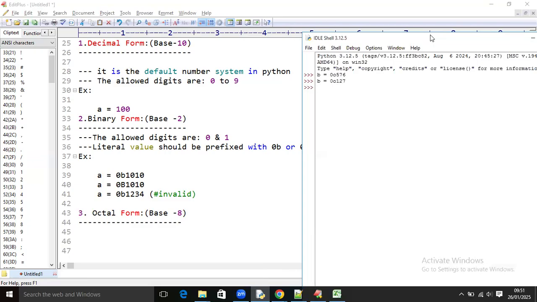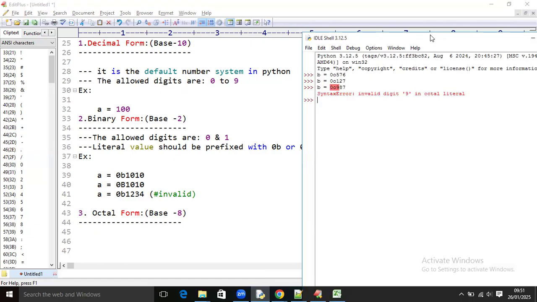Yes, it will allow. But what is the invalid condition for this? The invalid condition is 0o987. Is it allowed? It will not allow, because of invalid digits.